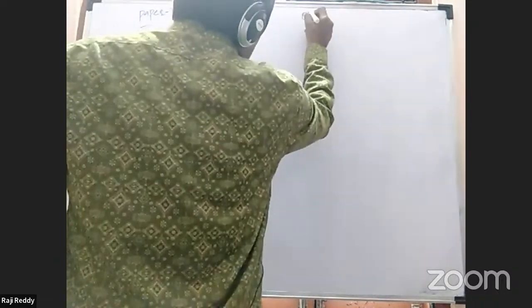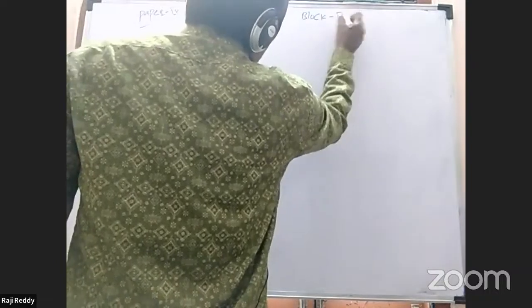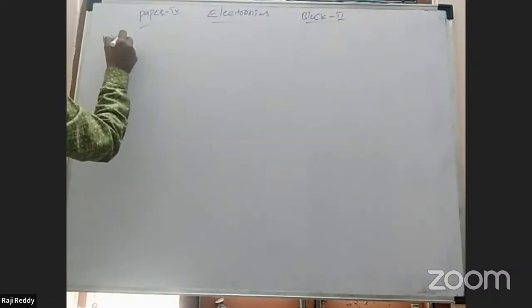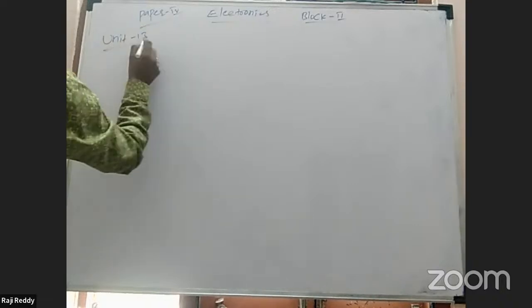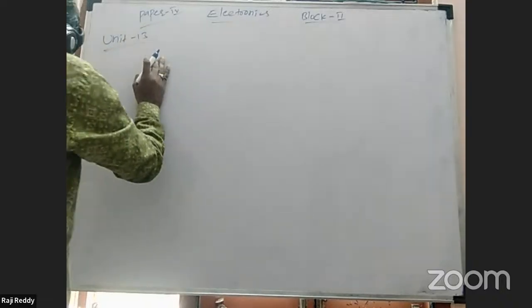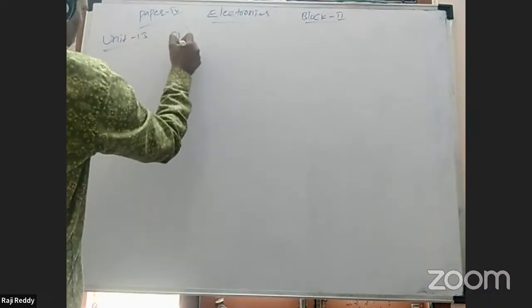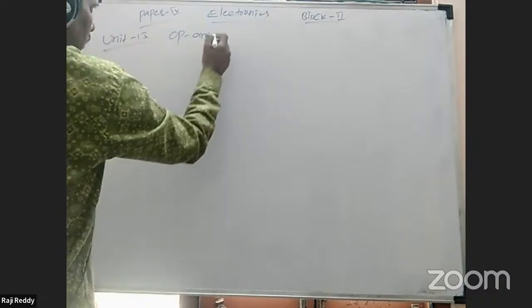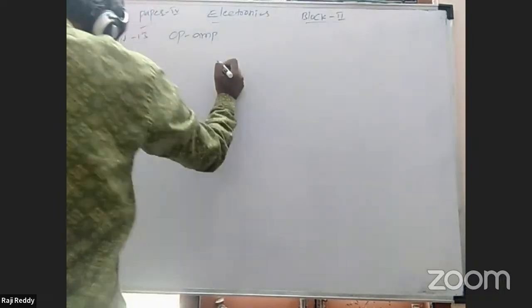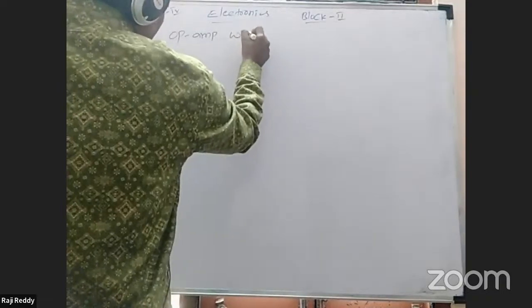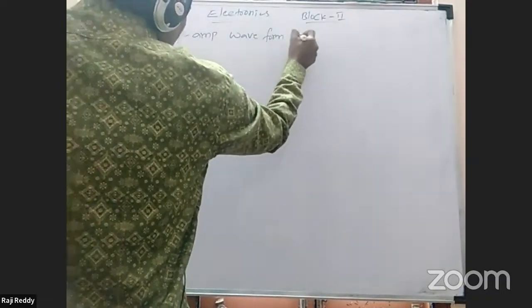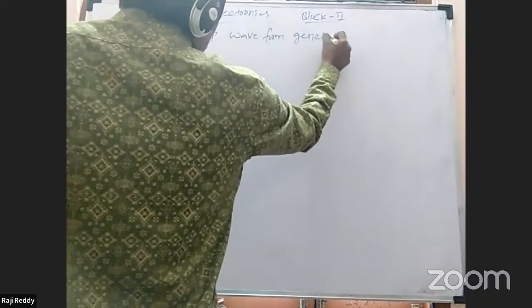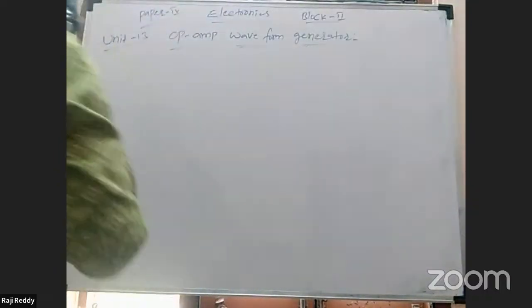Block 2, unit 13. Operational amplifier waveform generator.